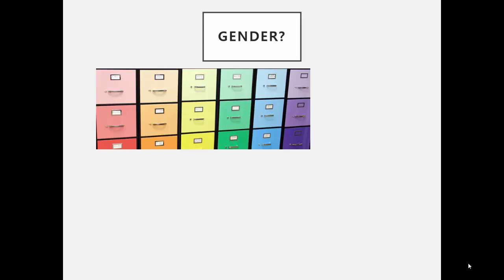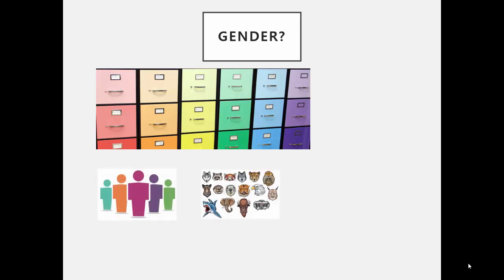With respect to nouns, languages tend to have different ways to categorize nouns, and in many, many languages, this is based on what happens with animate biological beings.